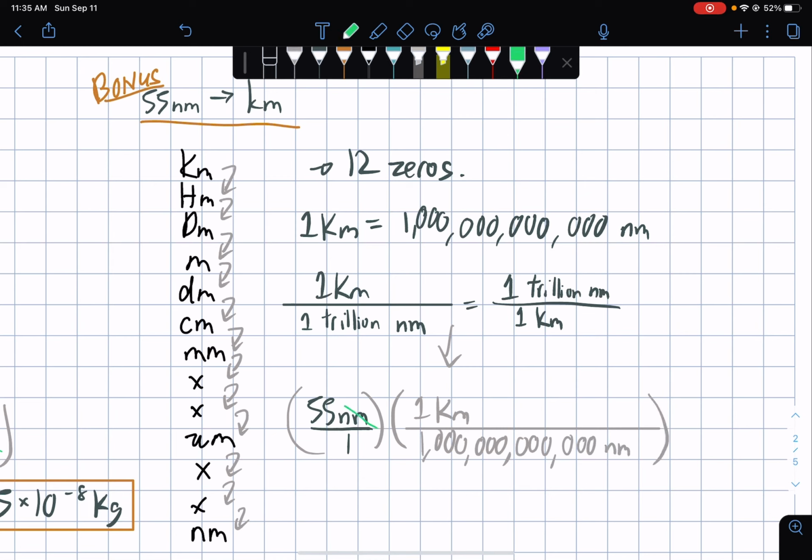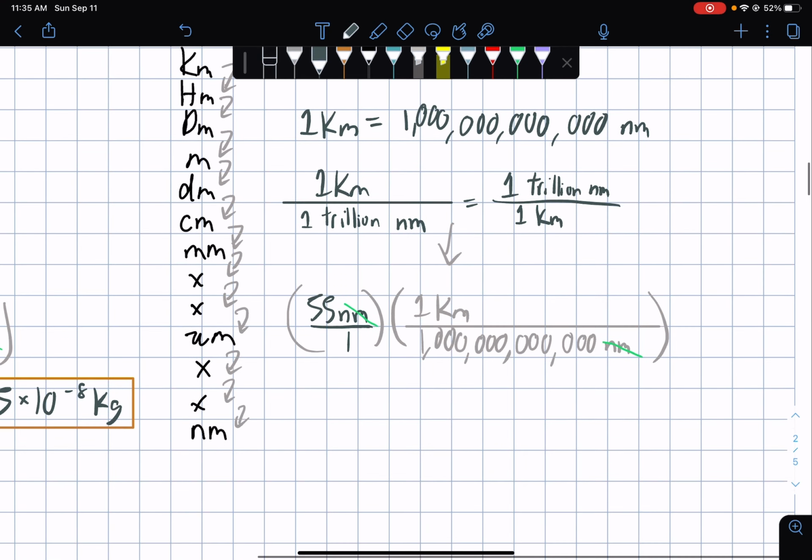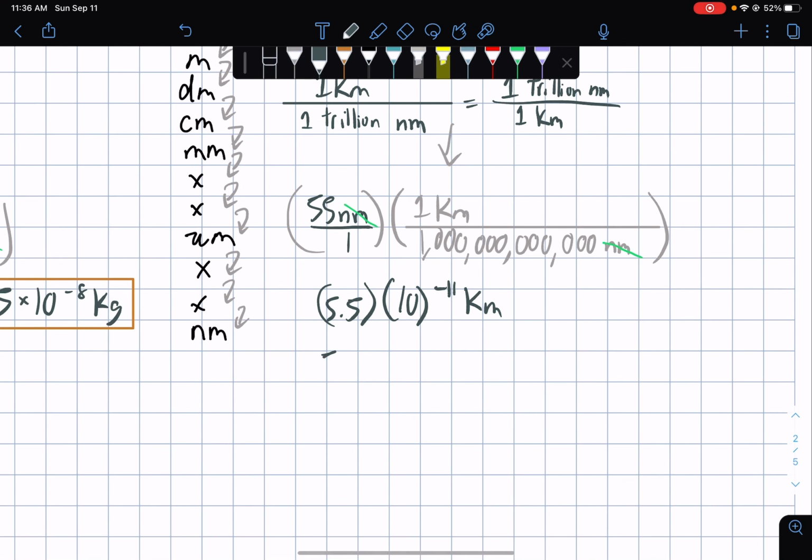We cancel the nanometers unit. 55 over 1 trillion. Let's not write that anymore. We end up having, according to the scientific calculator, 5.5 times 10 raised to negative 11 kilometers. The answer could be written this way. It has to be written this way.